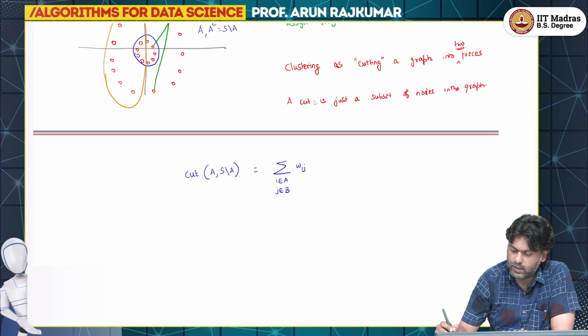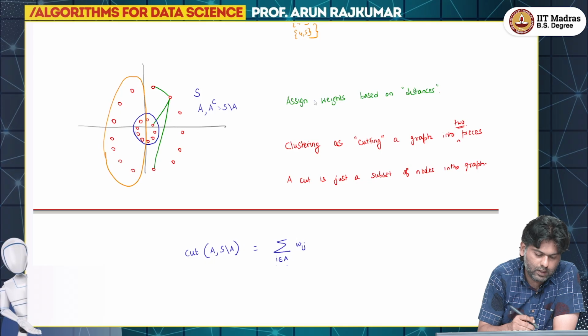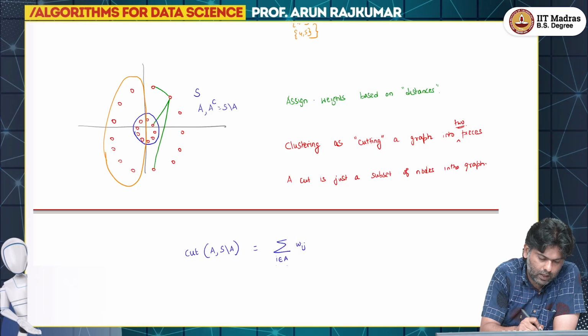So, for example, in this particular example, just to make it clear, I give names to these nodes. So, let us say this is 1, 2, 3, 4, 5, 6, 7, 8, 9, 10, 11, 12, 13, 14, and then 15, 16, 17, 18, 19, 20, 21, 22, 23, right.